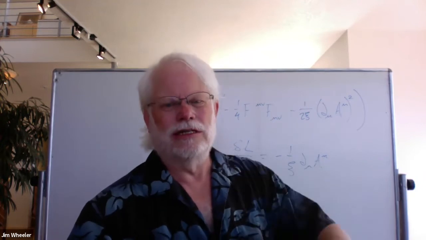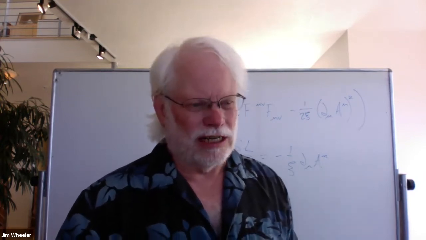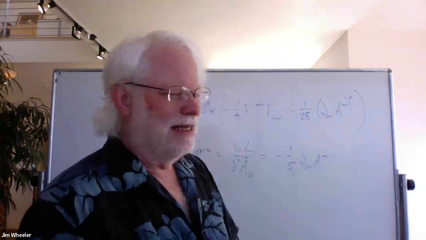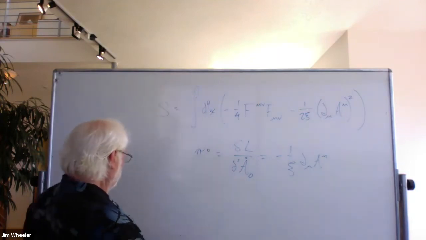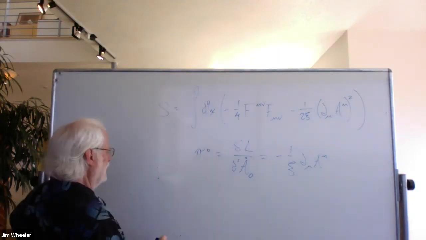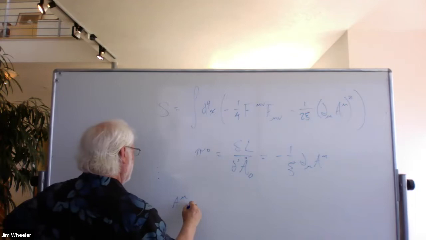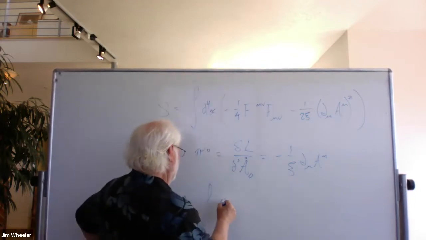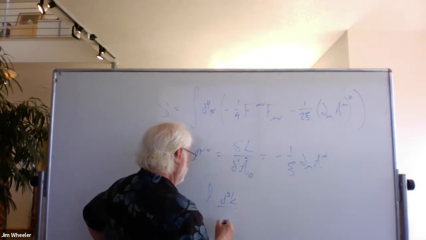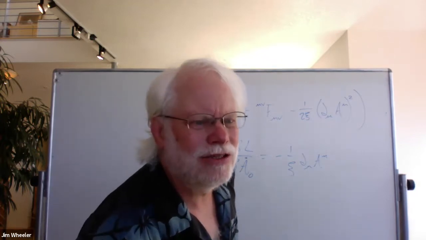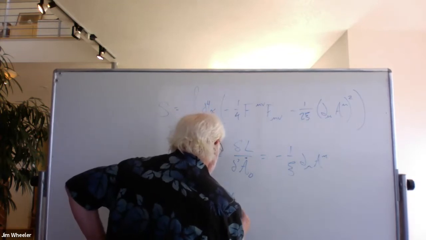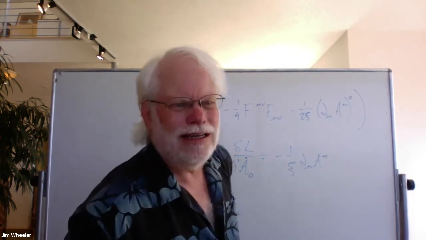The quantization procedure is straightforward canonical quantization. Let's see, I work through it and we find that we can write the same steps as usual, and A is now an integral d^3k over some normalization here. What did I use? 2 pi squared. Okay, so now I'm back to the old normalization for Fourier integrals.